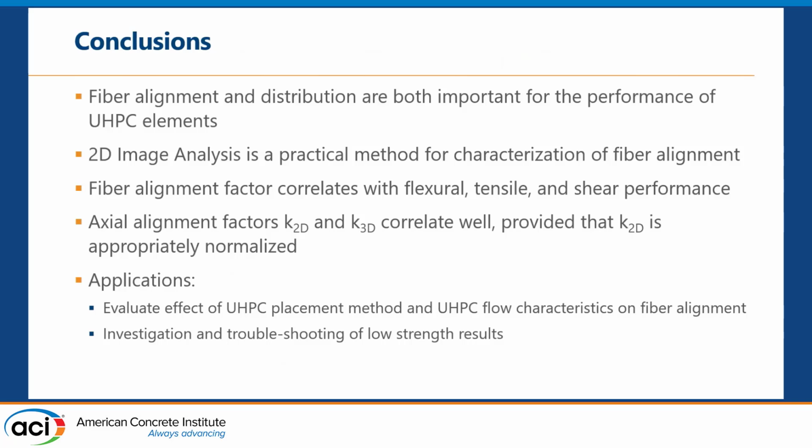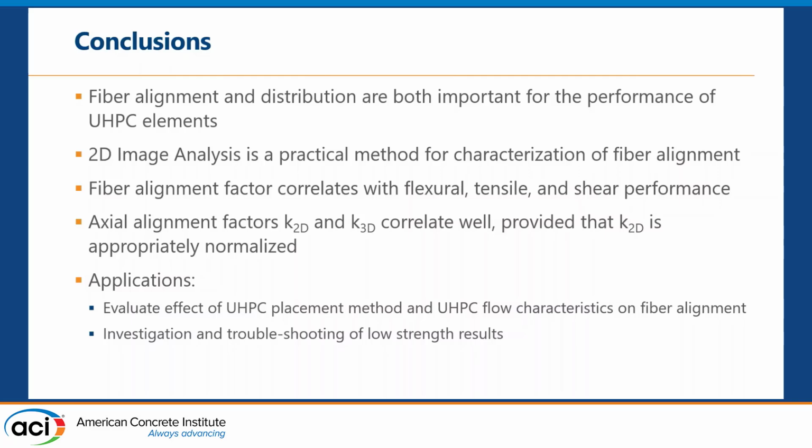Okay, a few key takeaways. Again, our work here verifies and confirms and provides additional evidence that fiber alignment and distribution are both important for performance of UHPC elements. The 2D image analysis that we developed is a practical method for characterization of fiber alignment.